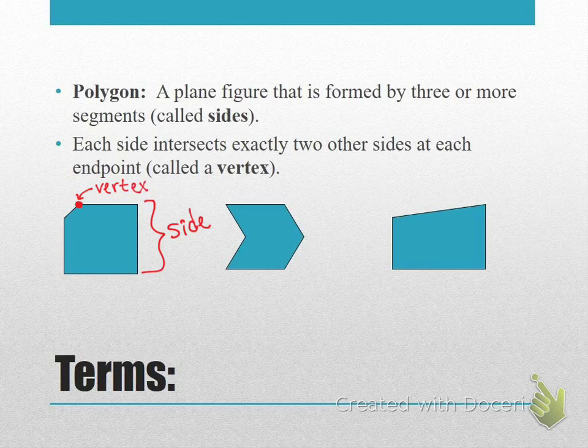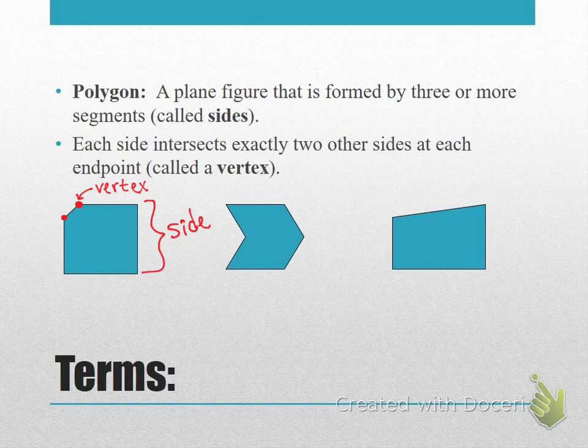And that's true for any of these. So notice each side has two vertices on it. Touches two other sides.